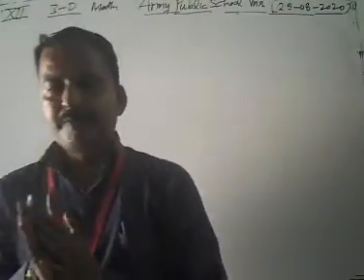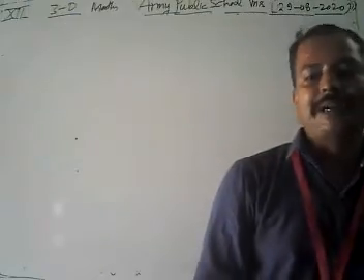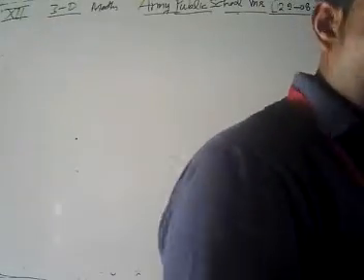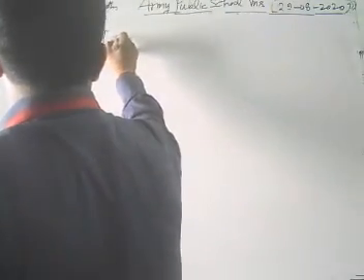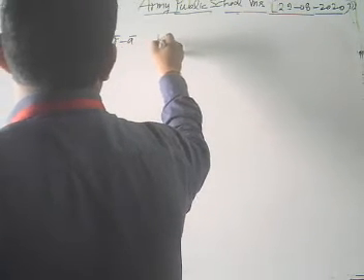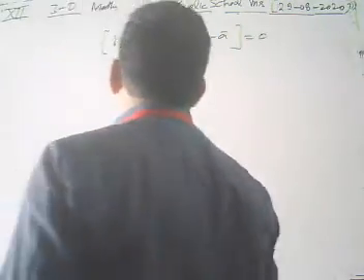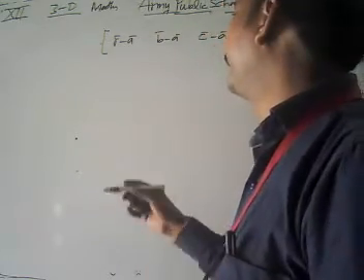Yesterday we derived the equation of a plane passing through three non-collinear points in vector form, given by [r minus a, b minus a, c minus a] = 0, where a, b, c are the position vectors of the non-collinear points A, B and C.